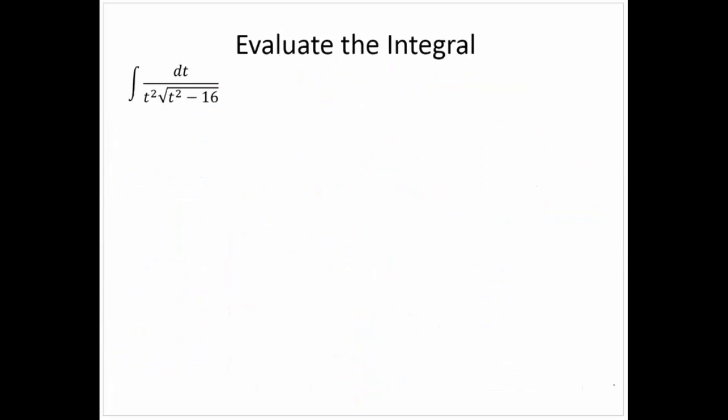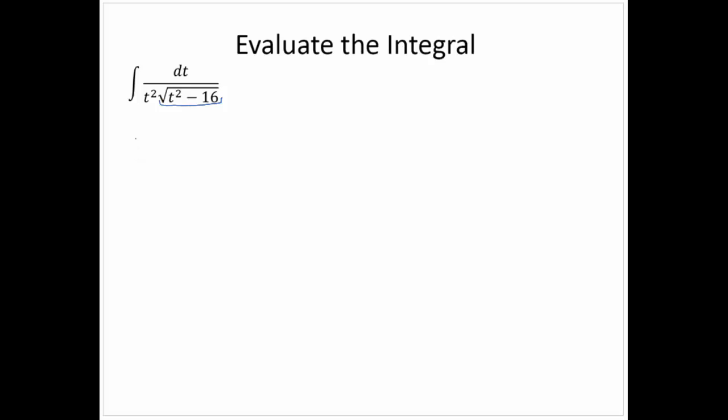Let's consider the example, the integral of dt over t squared times the square root of t squared minus 16. This would be a good one to try out on your own, so now would be a good time to pause. All right, I see this expression involving the square root of t squared minus 16, so that's t squared minus 4 squared.